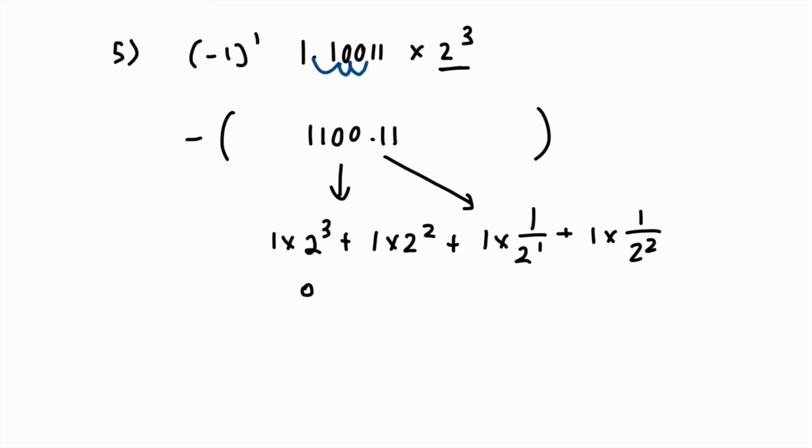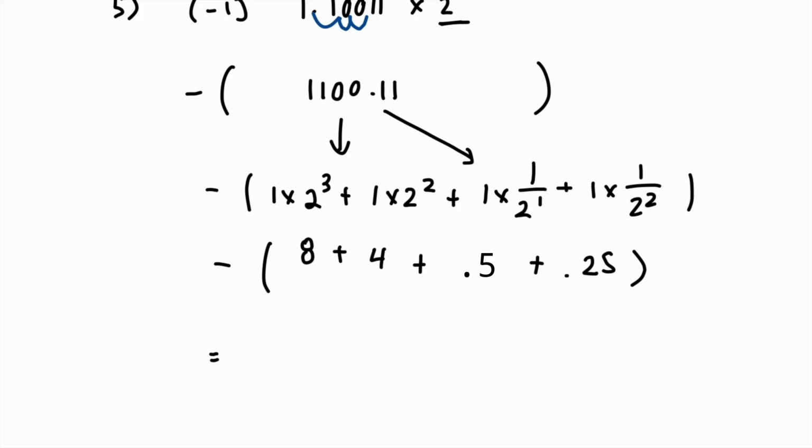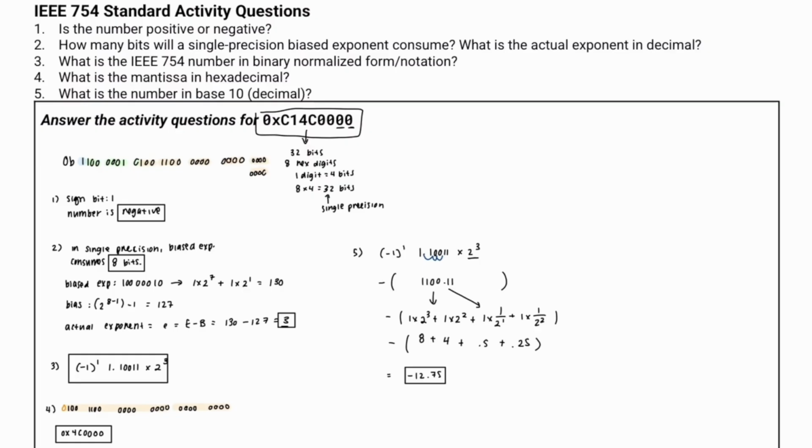This will become 8 plus 4 plus 0.5 plus 0.25. And then our final answer will be negative 12.75. And that is the decimal form of our number.